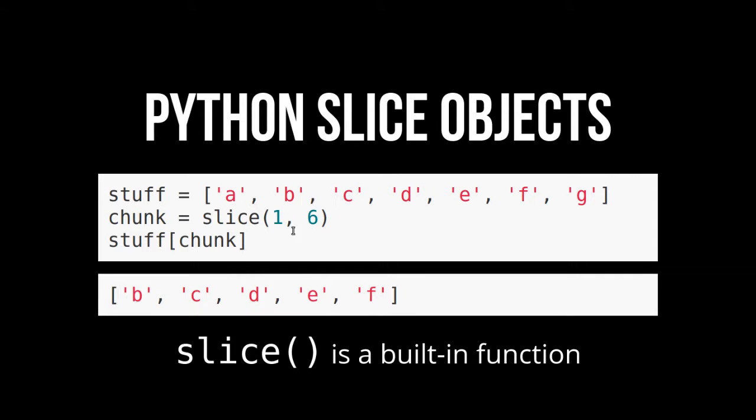We pass these as parameters, and it gives you a slice object, and you can just put that slice object inside of the brackets, and it will do the exact same thing. Slice is a built-in function.